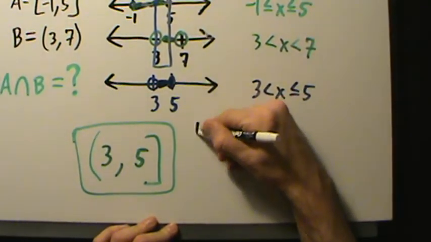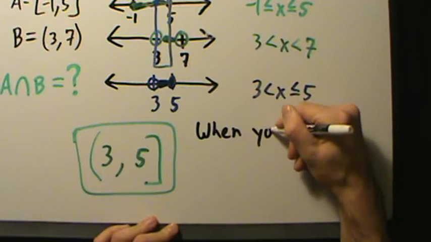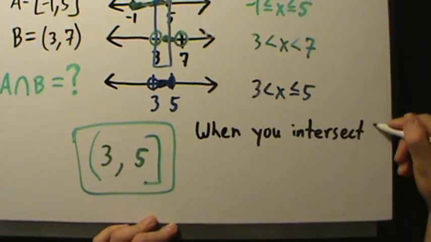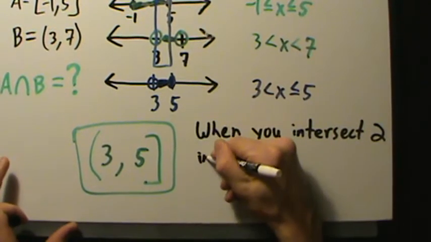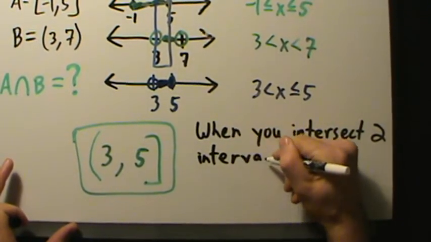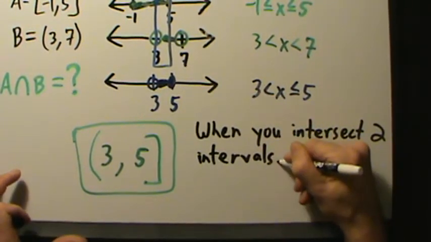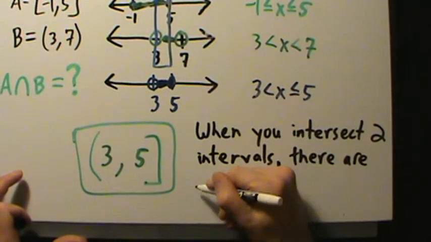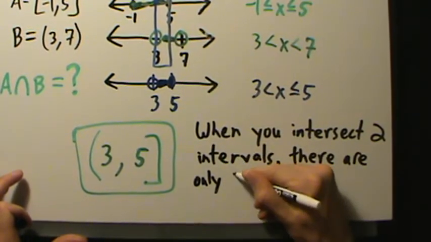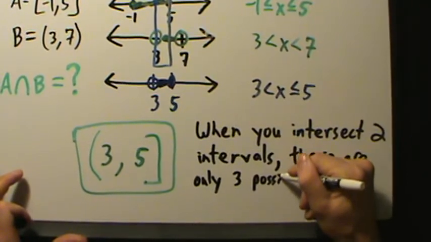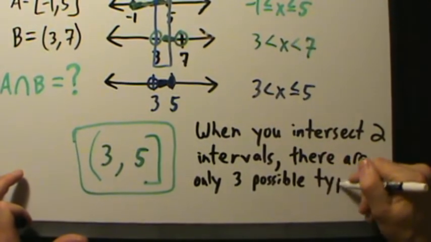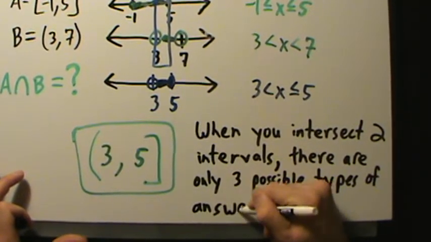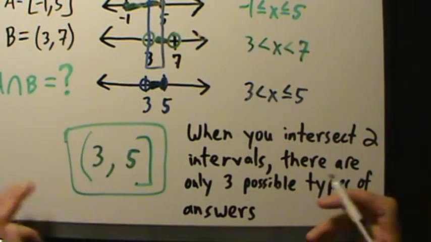When you intersect two intervals, or really any number of intervals, but you can always think of it as 2 at a time, when you intersect two intervals, there are only 3 possible types of answers.